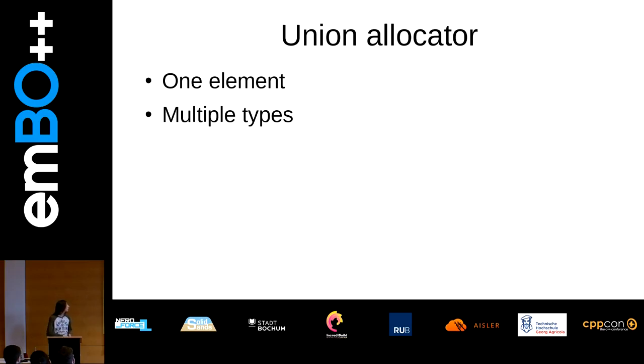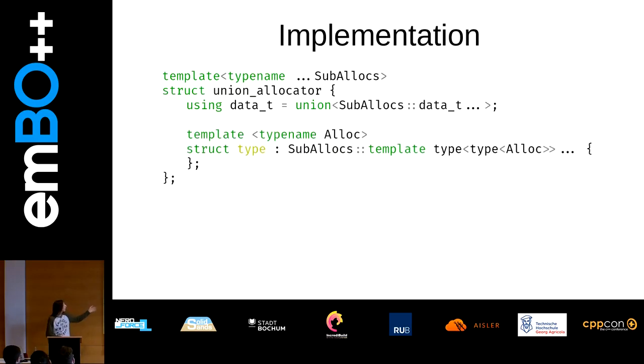So it looks like this. You specify the sub-allocators, so the children, and then the data type that results is just a union of all the data types of the children. And also, as you can see, a union inherits from all these sub-allocators, so all the allocate functions of the sub-allocators are available through that inheritance.